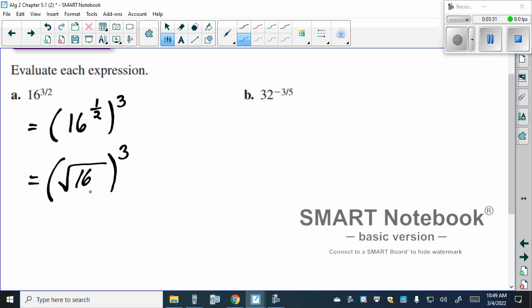And the numerator of that rational exponent would go in with the 16, but here it's just 1. Now the question is, can we take the square root of 16? Well, yes. The square root of 16 is 4, and we have 4 to the 3rd. And 4 to the 3rd power is 64.